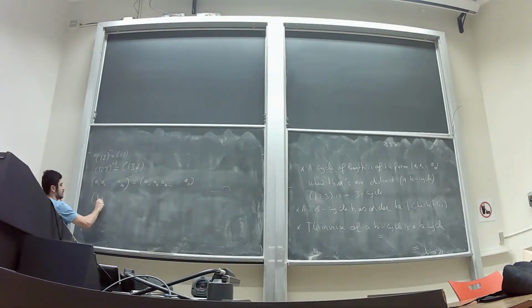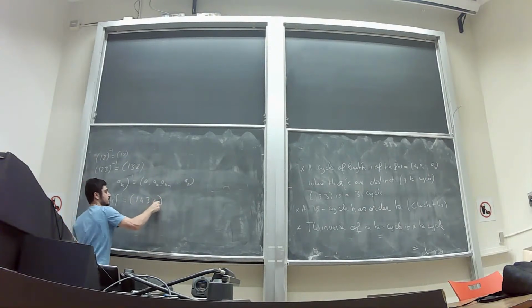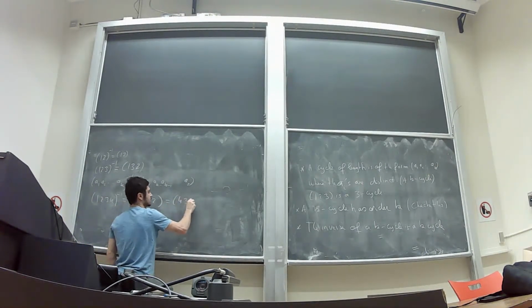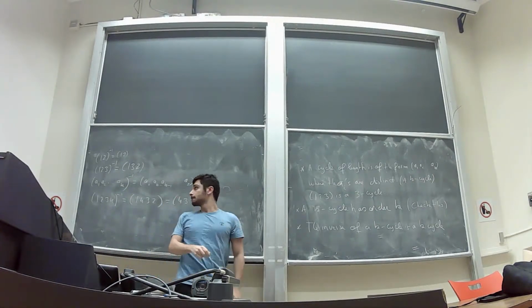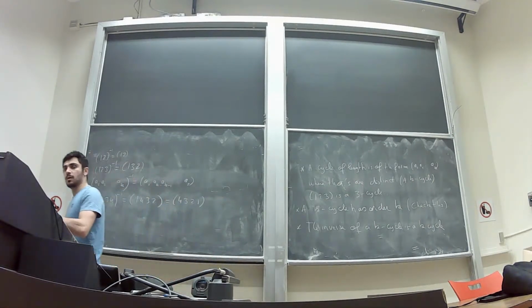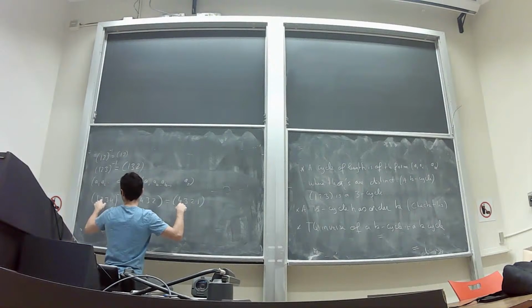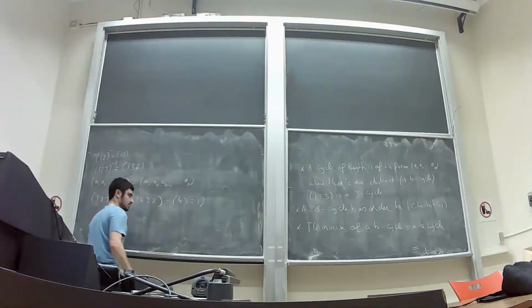So the inverse of (1 2 3 4) is (1 4 3 2), or you can just put it as (4 3 2 1). Multiply them together, you get the identity. When 1 goes to 2, under the inverse 2 goes to 1. 2 goes to 3, under the inverse 3 goes to 2. 3 goes to 4, 4 goes to 3. Great.